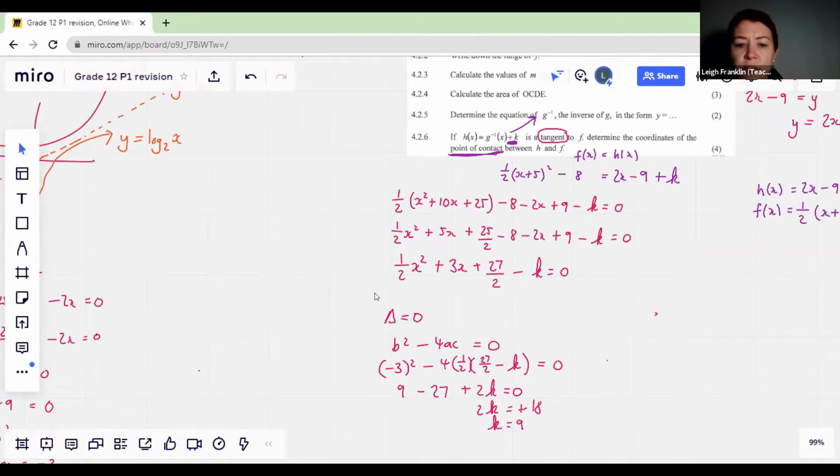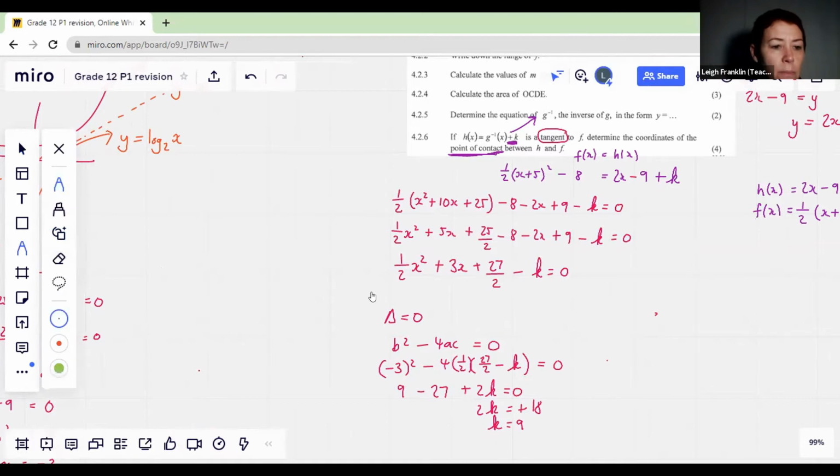We got everything over to the left-hand side, as we have done over here. And then we did an interpretation because it said tangent. So that's why we said delta is equal to 0 for equal roots. And then we worked out the value of k. So if we take k and we sub that back in, remember on our right-hand side, we had 2x minus 9 plus k.